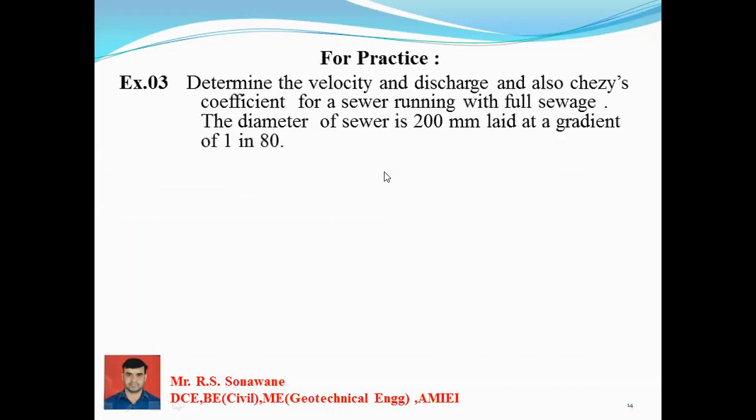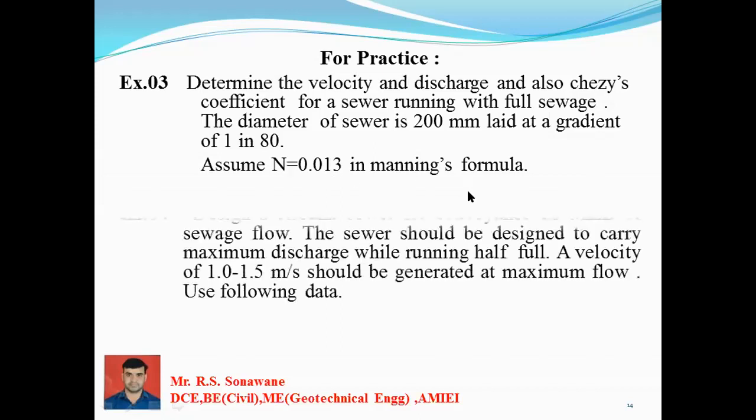So for practice, I have given some numerical examples. Determine the velocity and the discharge for a sewer running with full sewage. The diameter of the sewer is 200 mm, laid at a gradient of 1 in 80. Take the rugosity coefficient for Manning's formula as 0.013.